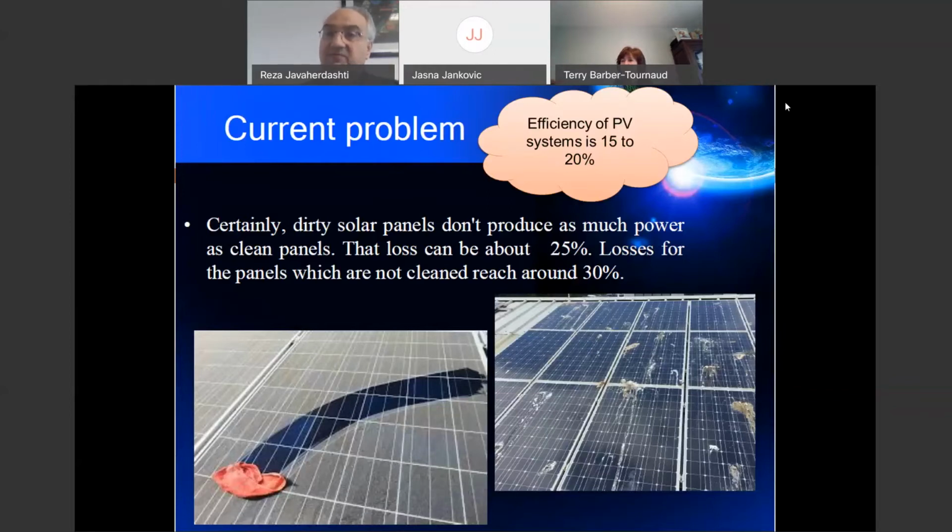So it is a very important issue to find ways to basically prevent soiling, so to speak. That means covering the surface of the panel with dirt.